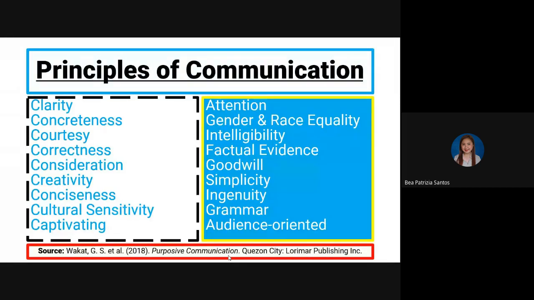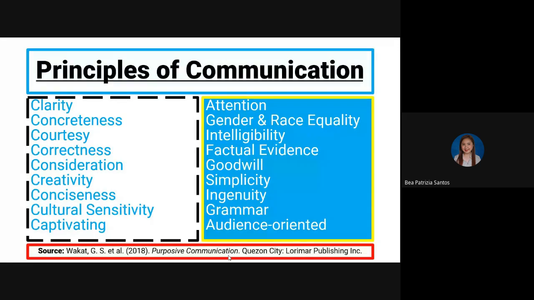Courtesy is for goodwill. Why do we need to be polite? Because we want to build goodwill through our communication. Next, correctness. Okay, that's correct. Correctness is for grammar.